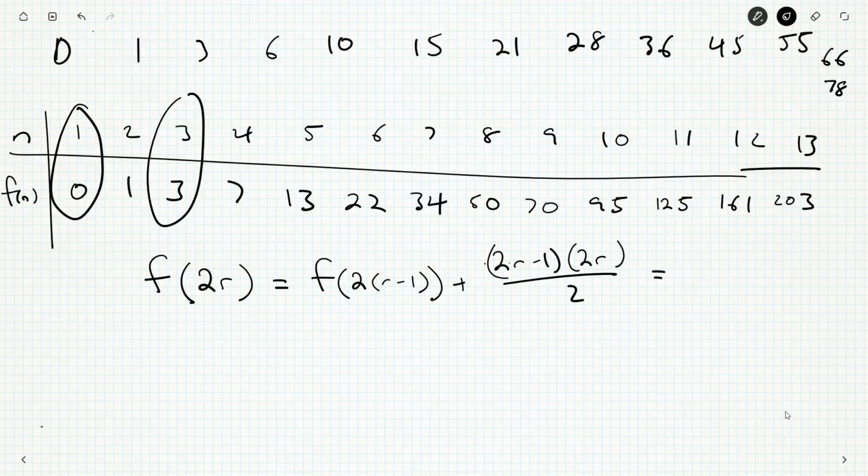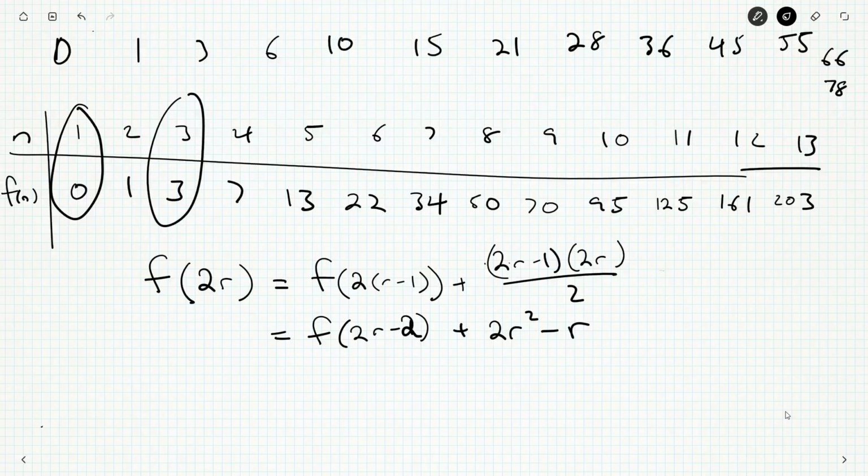And so that would be equal to f of 2r minus 1 plus divide by 2, so that would be 2r minus 2. So that would be 2r squared minus r. Yes? I feel like that's right.